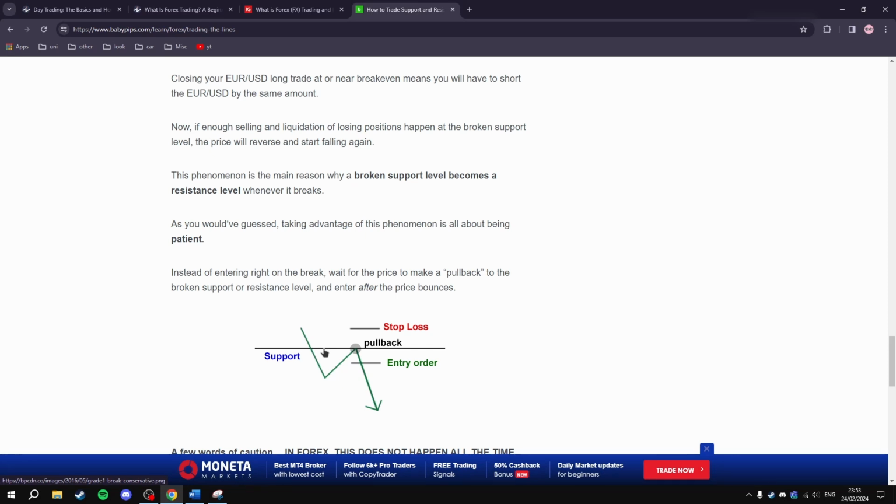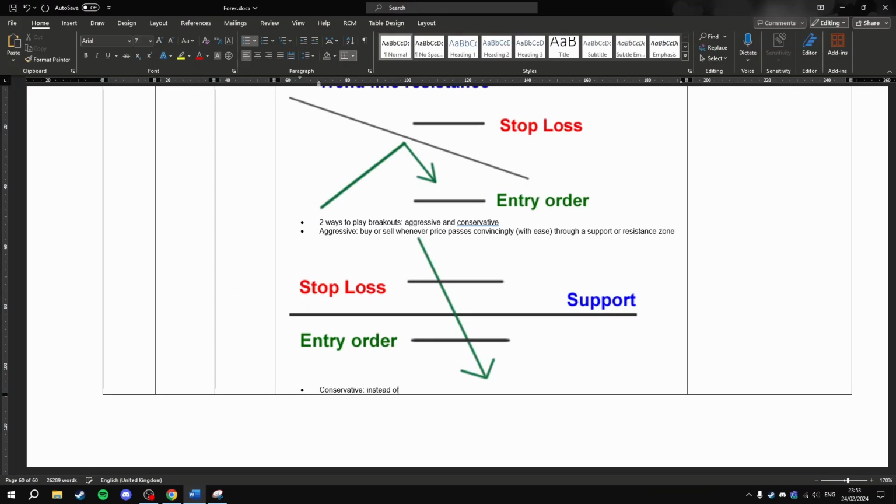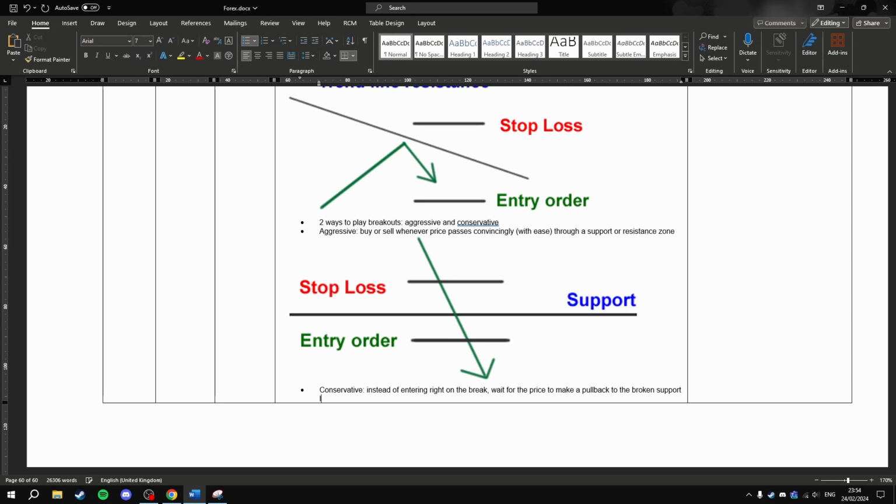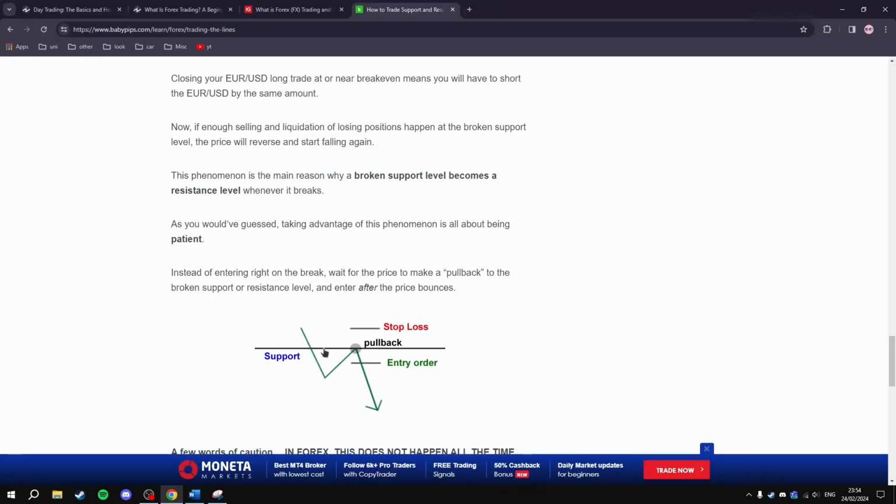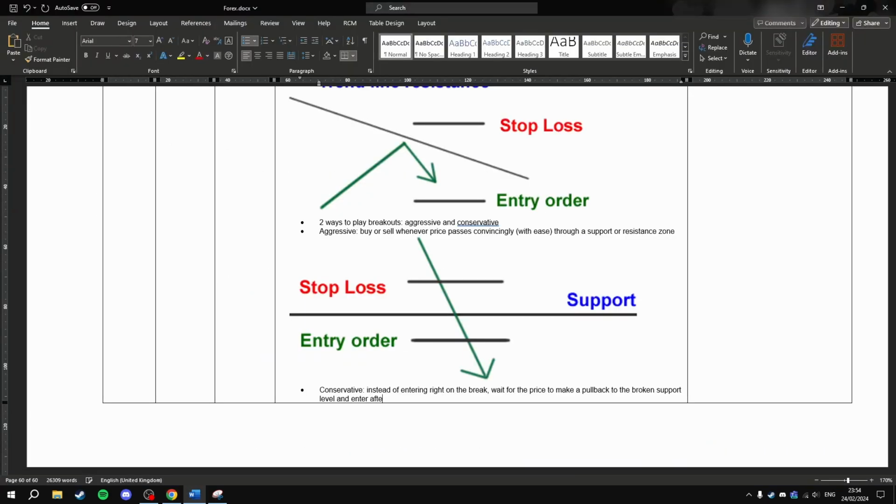So to simplify that, instead of entering right on the break, wait for the price to make a pullback to the broken support level, and enter after the price bounces.